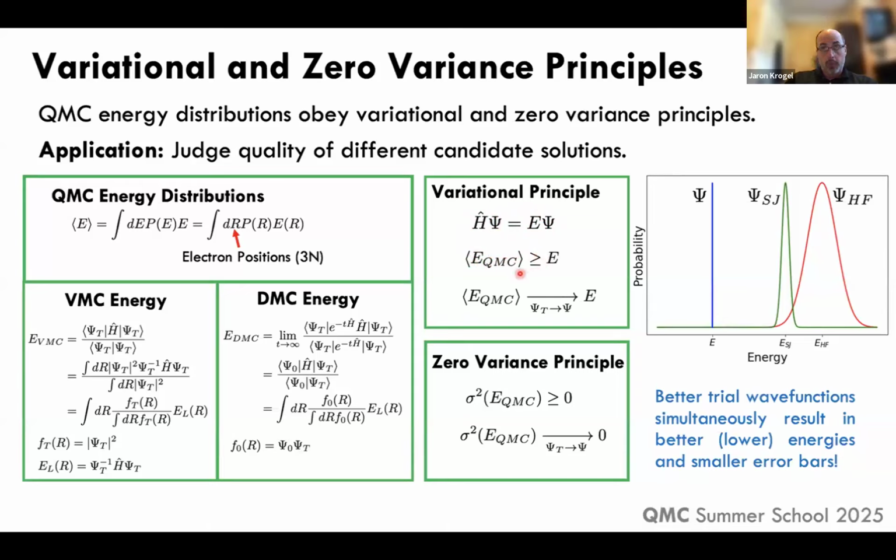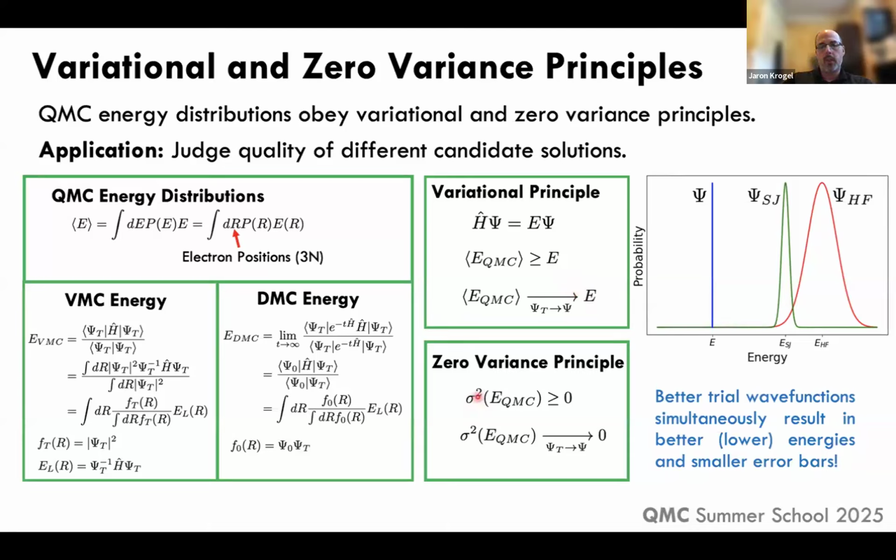But just as important, perhaps more importantly, as the trial wave function approaches the exact wave function, the QMC energy approaches the exact energy. And so in this case, lower energies correspond to better trial wave functions, and they get you closer to the true energy.